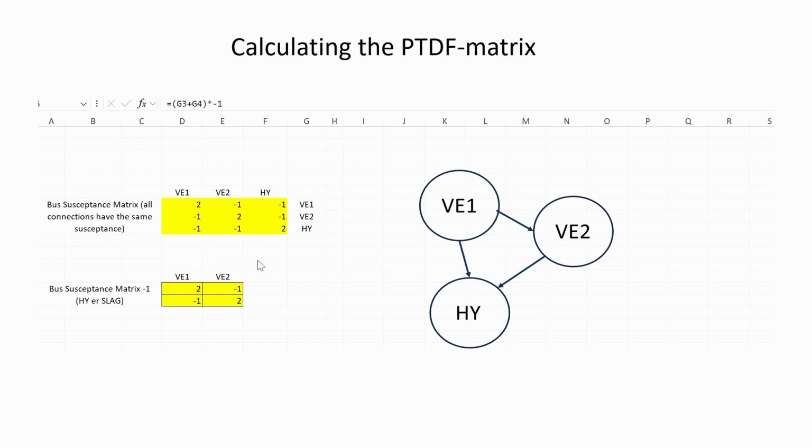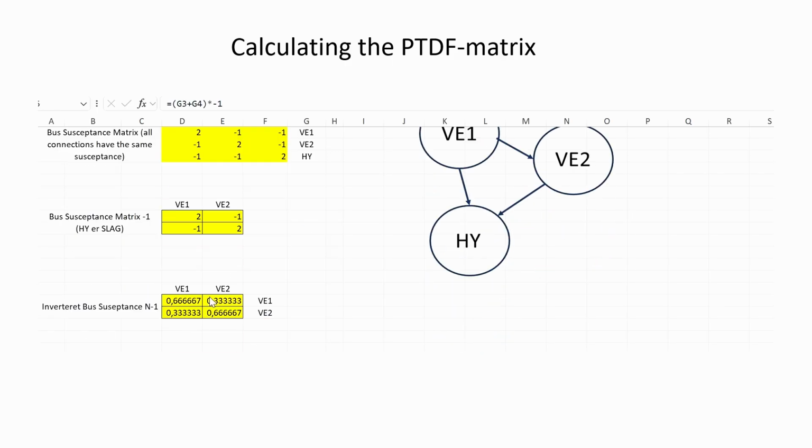So in order to calculate the reactance matrix, we define one of the nodes as a slack node. In this case, I've defined HI as the slack node. Then we have a 2 by 2 matrix that is easy to invert.